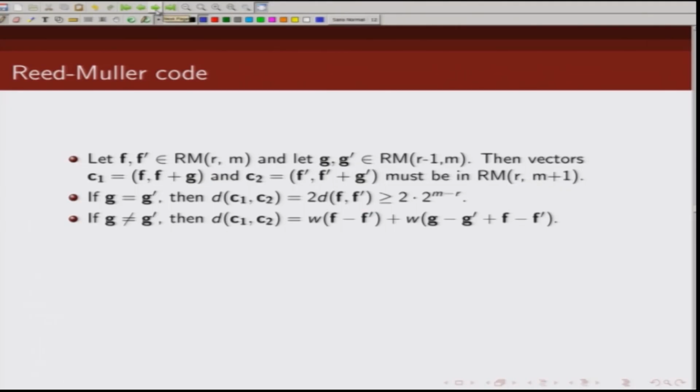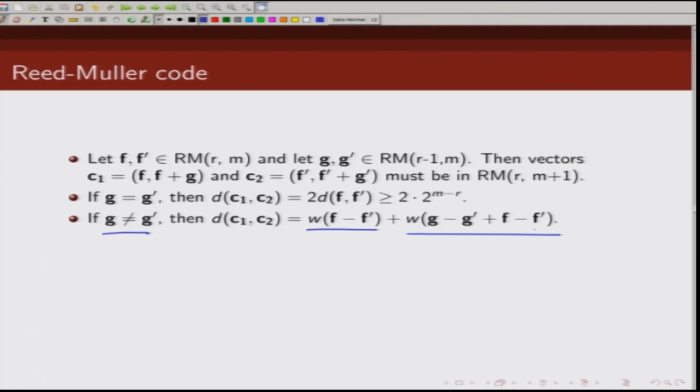So, next we consider the case when g is not the same as g'. Now, the minimum distance of the code is basically the number of positions where C1 and C2 are differing. This can be written as weight of f minus f' plus weight of g minus g' plus weight of f minus f'. If we are talking about binary codes, plus is also fine, because it is the same thing.